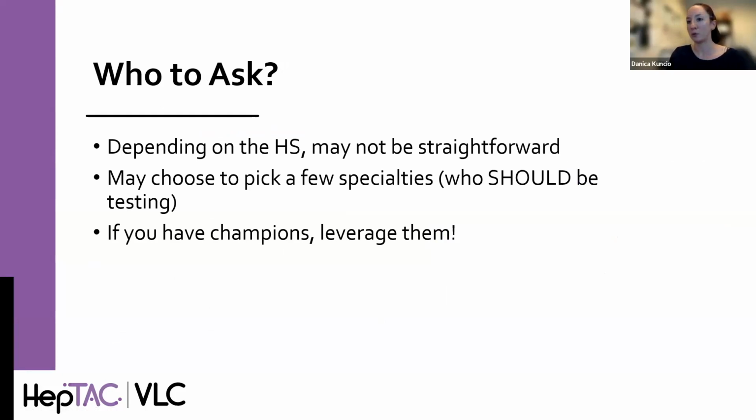It might be helpful to think about, rather than contacting leadership within a whole organization, if you're talking about an academic medical center or system, that could be a lot of different settings that are being addressed here. So you might want to hone in on different clinic settings or a few specialties to get the best response and the most helpful response.